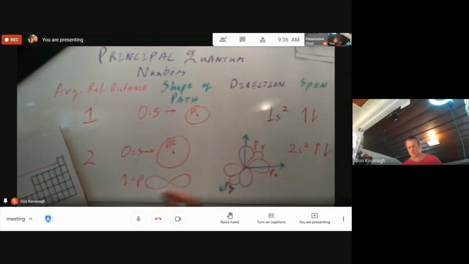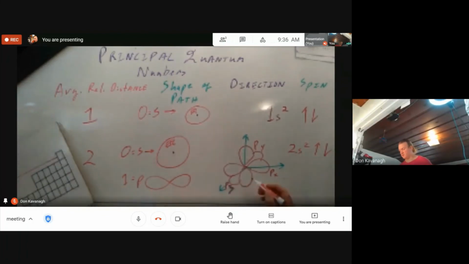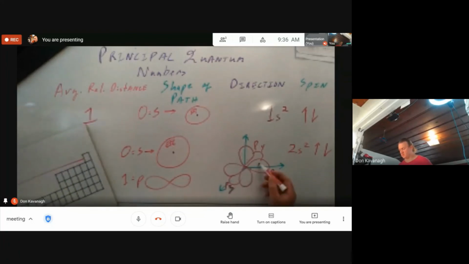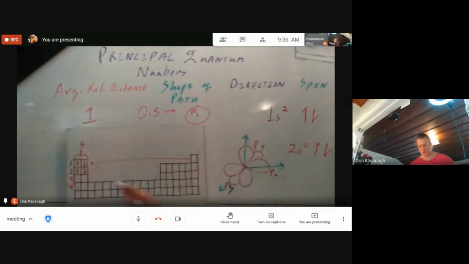And then this 2p can fit 6 electrons. There are 3 orbitals, px, py, pz.